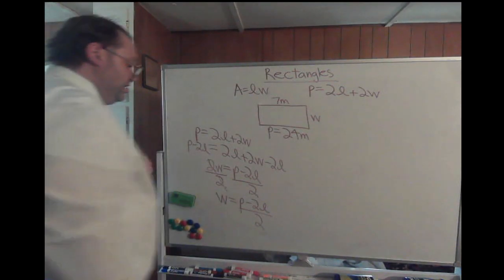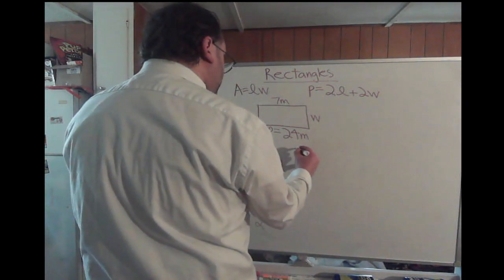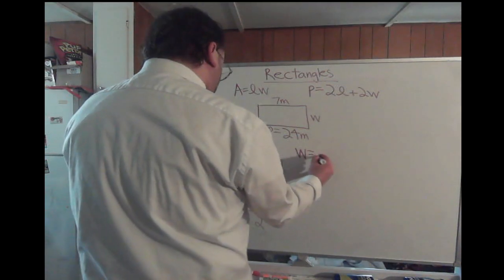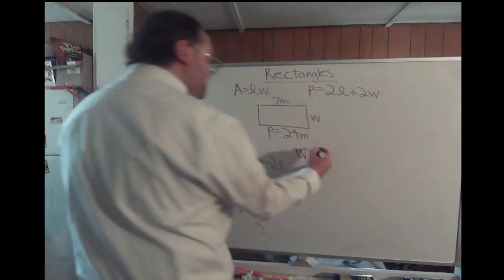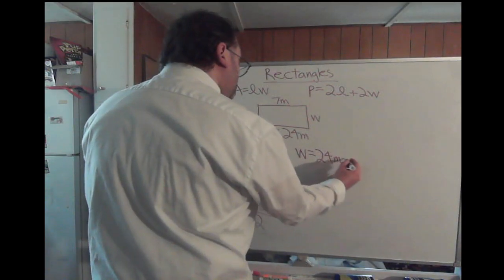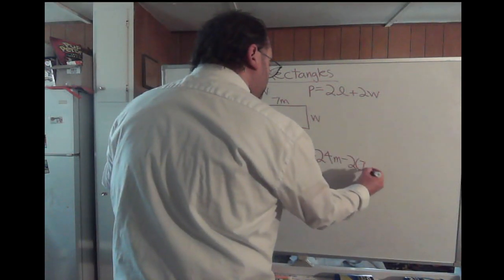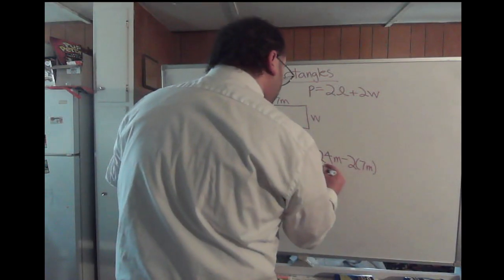Alright, so now we're going to find the width itself. The width is equal to the perimeter, which in this case was 24 meters, minus twice the length, which would be 2 times 7 meters, all over 2.